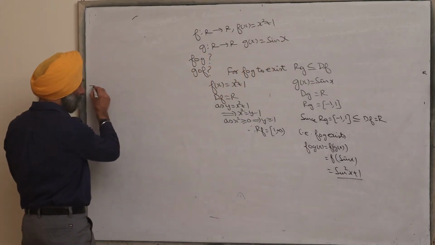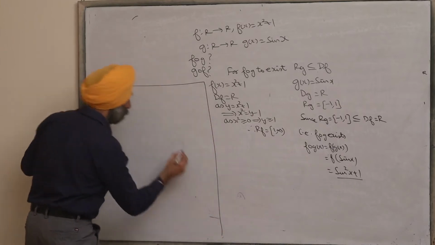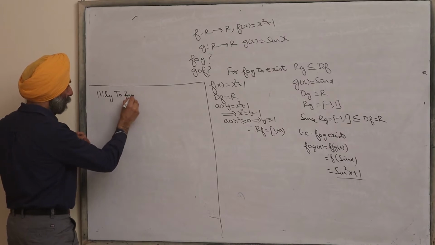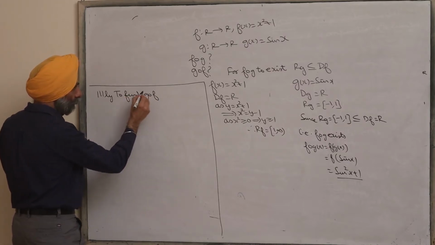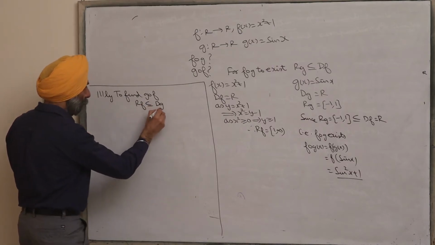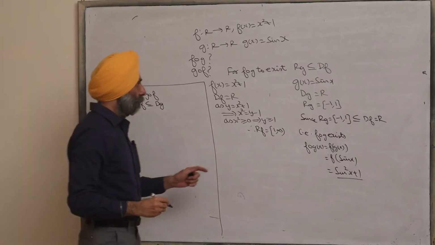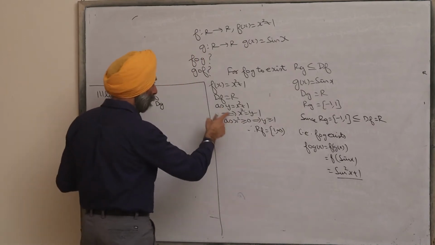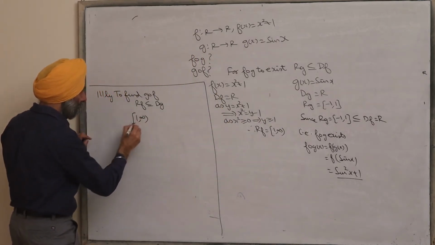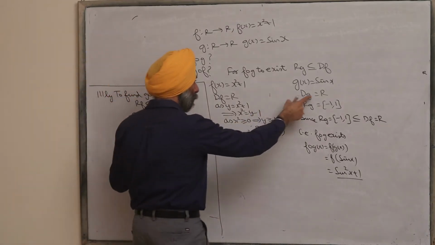Now similarly, to find g of f, range of f should be a subset of domain of g. So what is range of f? You can see here, range of f is 1 to infinity. What is domain of g?